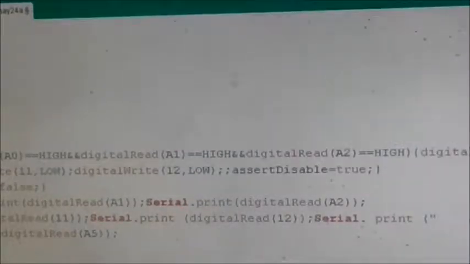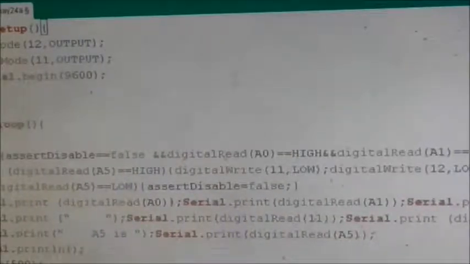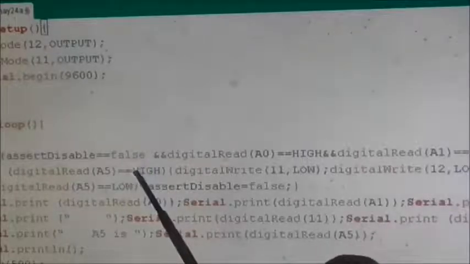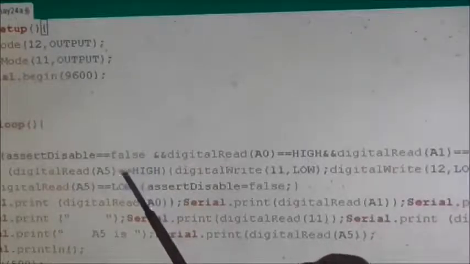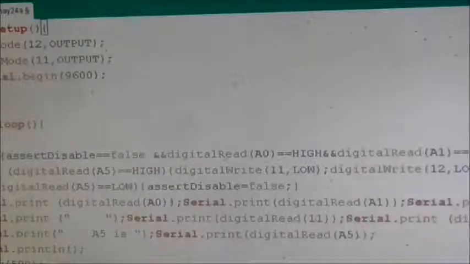So let's have a look at the next line. A5 is a reset switch, although we don't really need it because we can reset the microcontroller with a switch on its own, or it does have a port which you can set a reset switch to. However, here I've done: if A5, the reset pin, is high, do the opposite.